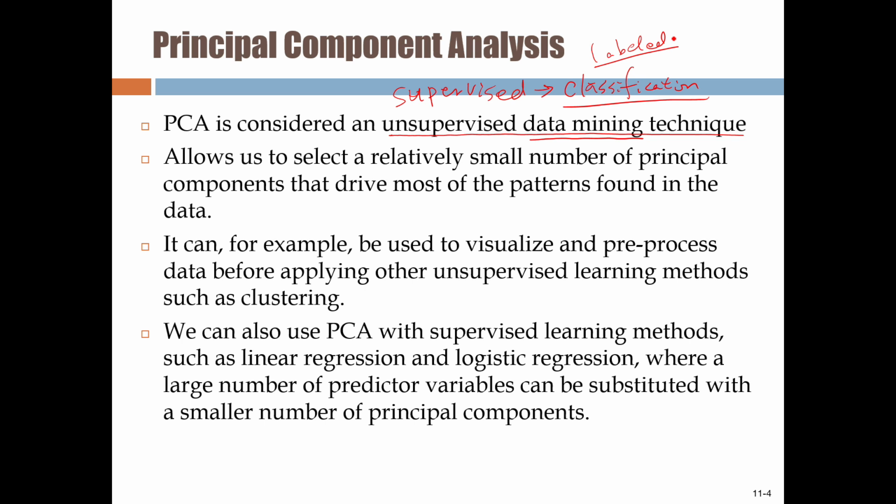That's what we call unsupervised learning. So what we're trying to do is select a relatively small number of principal components that drive most of the pattern found in the data. So we want to use a small number of independent variables and still have high accuracy.